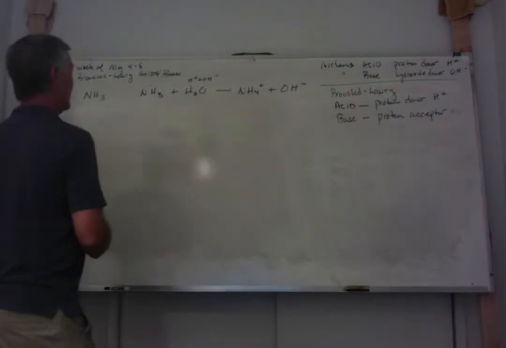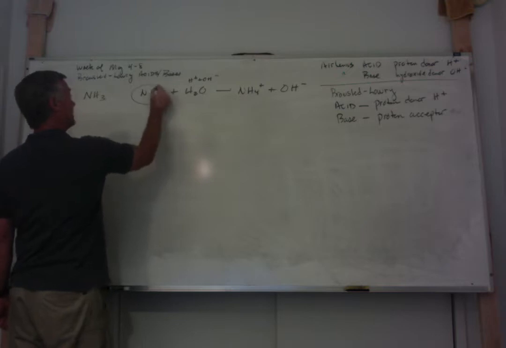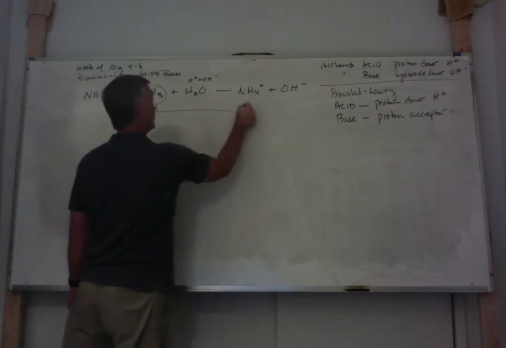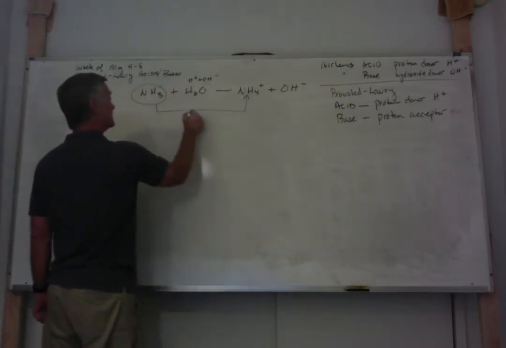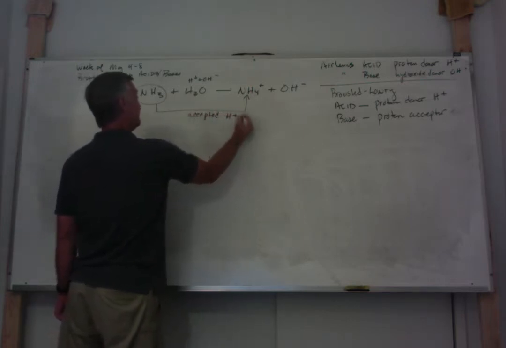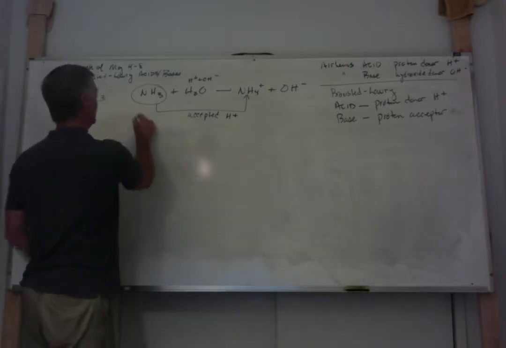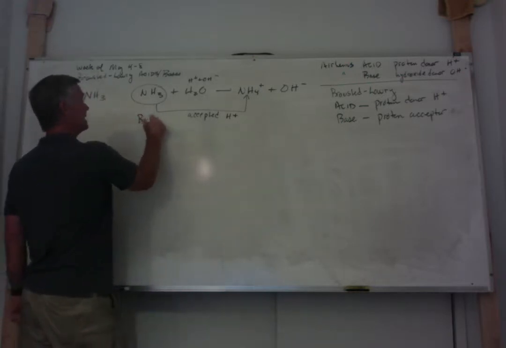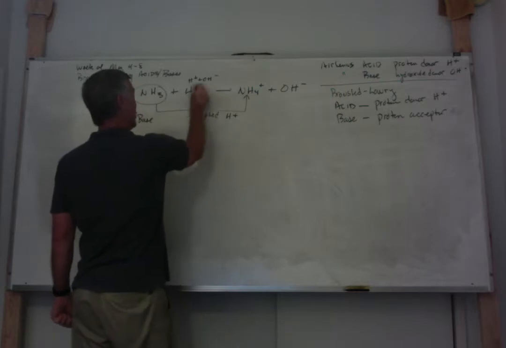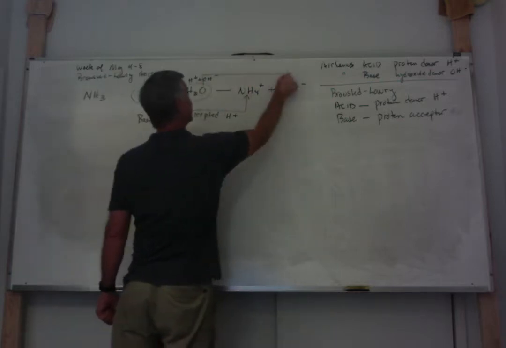So in this case, by our definition, NH3, which ended up going over here, accepted an H+. And therefore, NH3 in this particular reaction is a base. H2O is the one that donated, because it ends up over here.